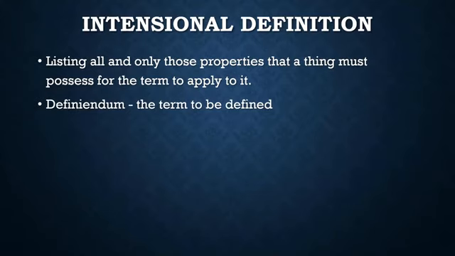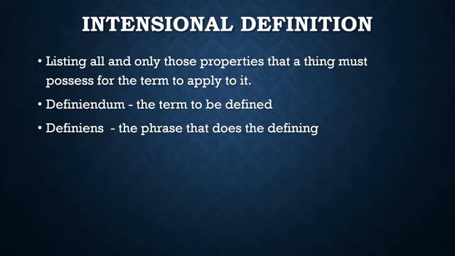The definiendum is the term that is to be defined. It would be what you would look up in a dictionary, for example. And the definiens, that's the phrase that does the defining. So in our case here, the phrase that does the defining is the definiens for the definiendum. Hope you followed that. If not, rewind it, try it again.